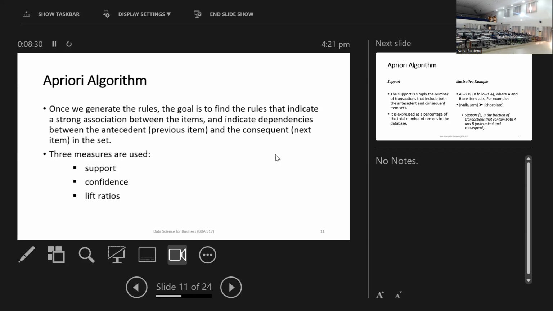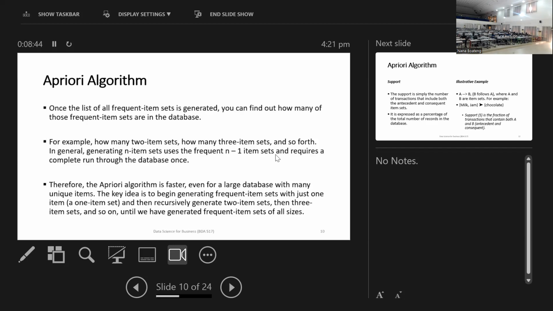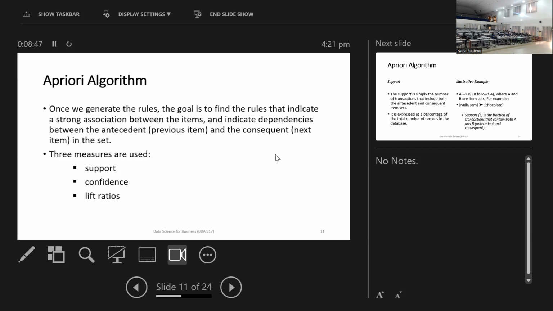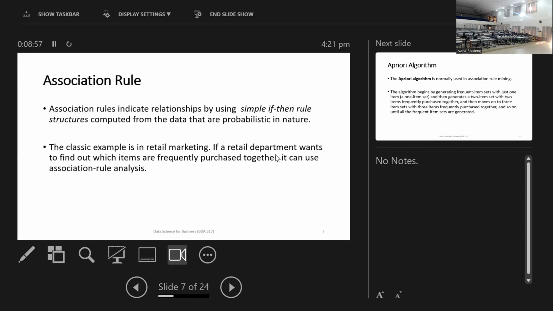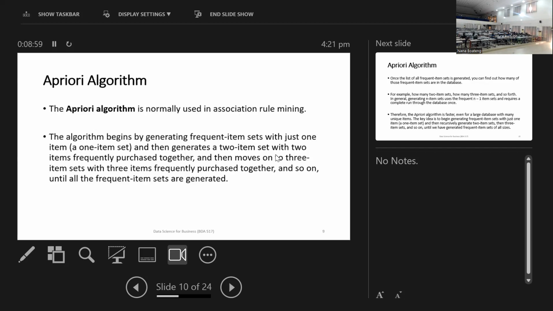Once we generate the rules, the goal is to find the rules that indicate strong association. So if we generate the rules, we want to find out how they relate to each other. The measures that we use are support, confidence, and lift ratio.